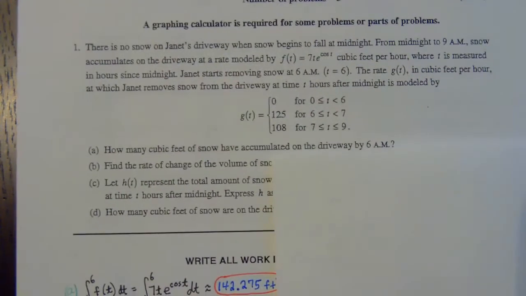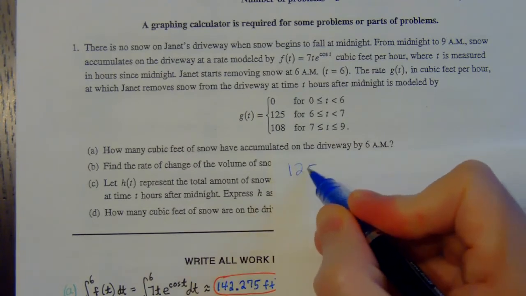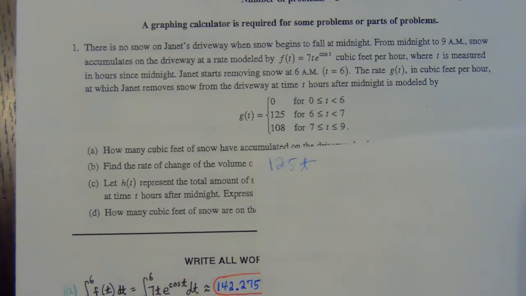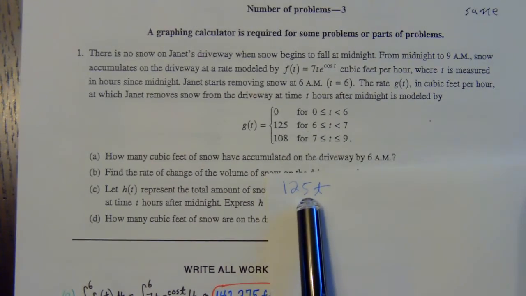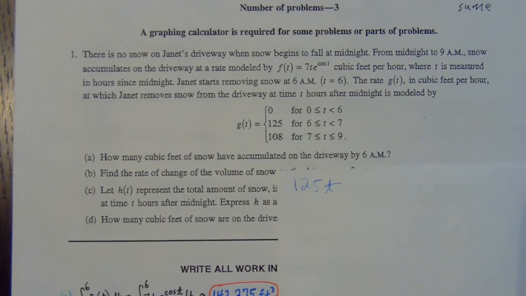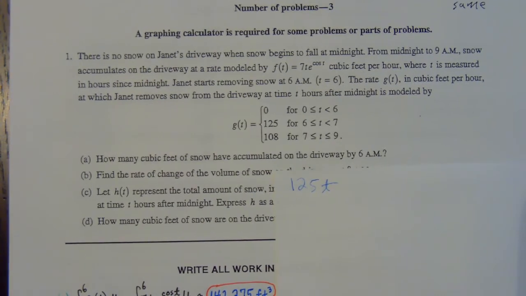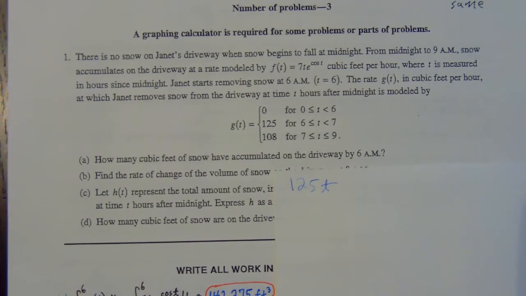But when I first thought about that, I said, okay, if I integrate the 125, that's going to give me 125 T. And that's not quite right. Think about why that's not right. If that represents how much snow she removed between 6 and 7, you want something where if you plug in 6.5, it tells you how much snow she removed at 6:30 a.m., which means she's been removing snow for half an hour.